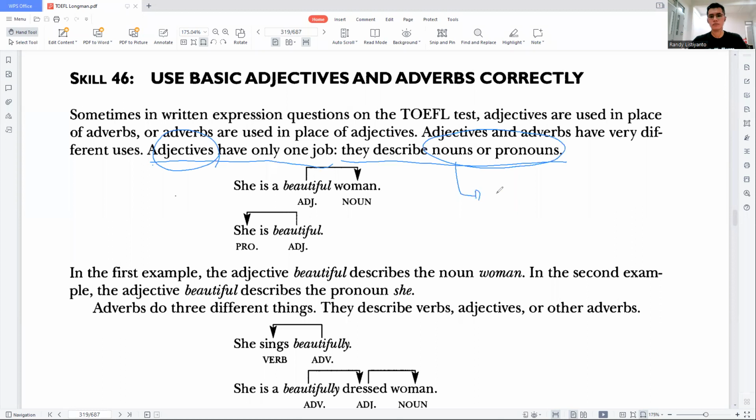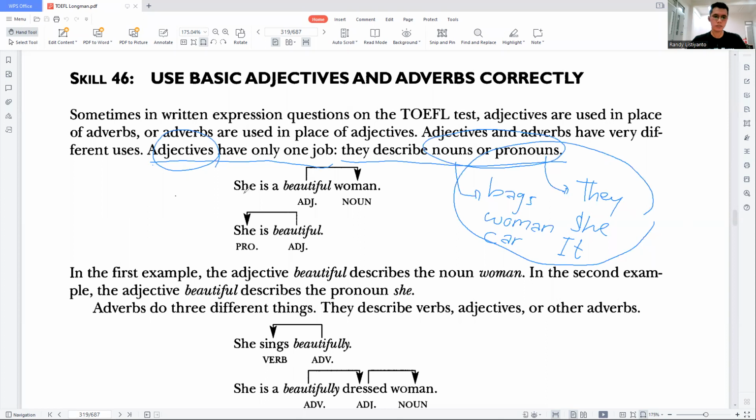Nouns, for example, are bags, woman, and a car. And the pronouns are like they, she, it. So adjectives describe this kind of thing. See this example: she is a beautiful woman.